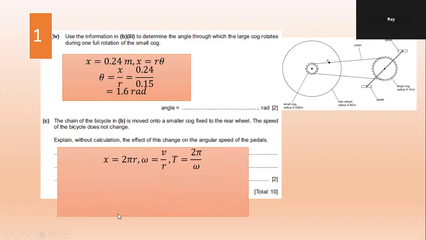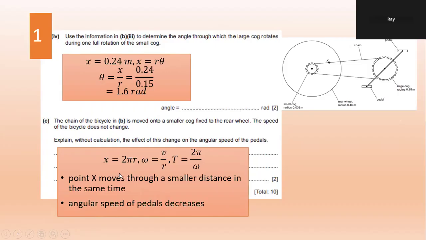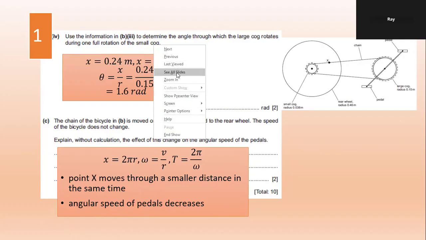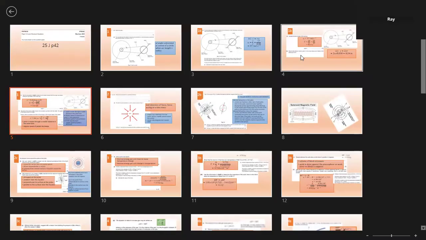The radius decreases, the distance moved by x in the same time decreases as well. Point x moves through a smaller distance in the same time, in a smaller radius, smaller distance. Angular speed of pedal decreases, no? Basically, they just want you to go through the whole question again, now making this smaller.